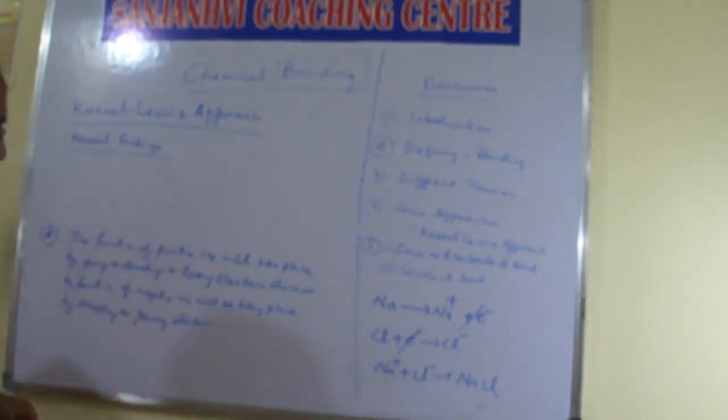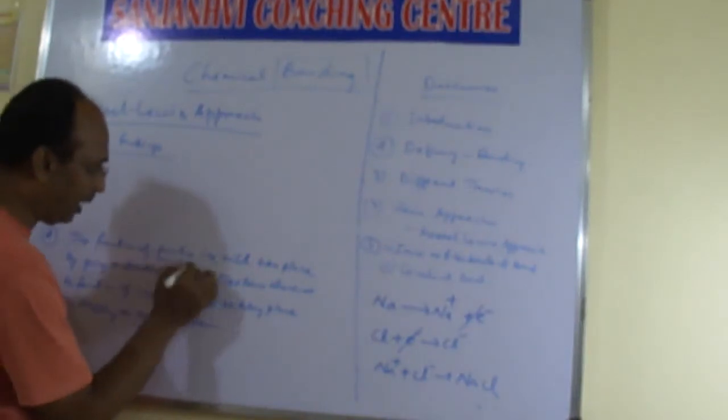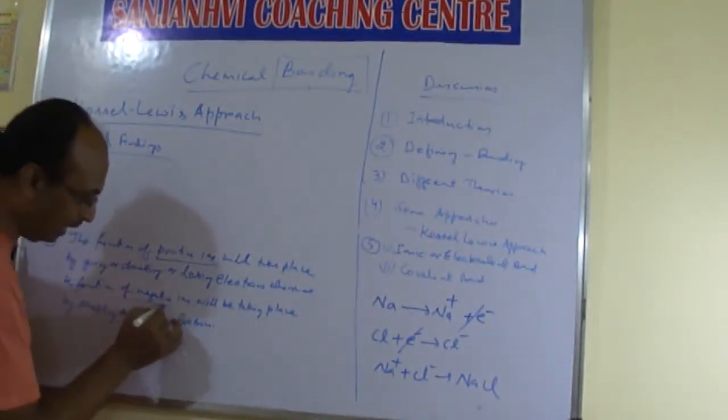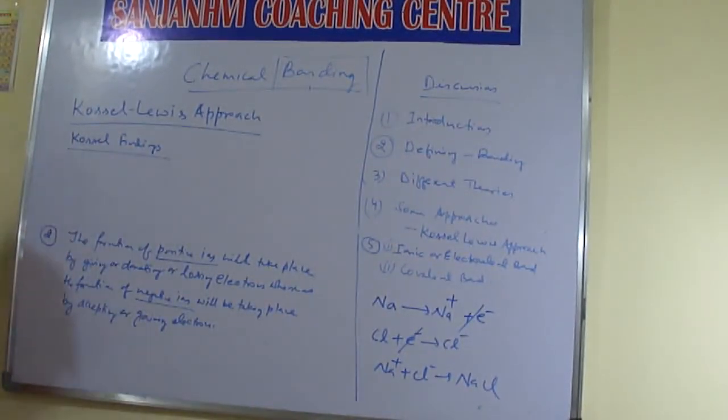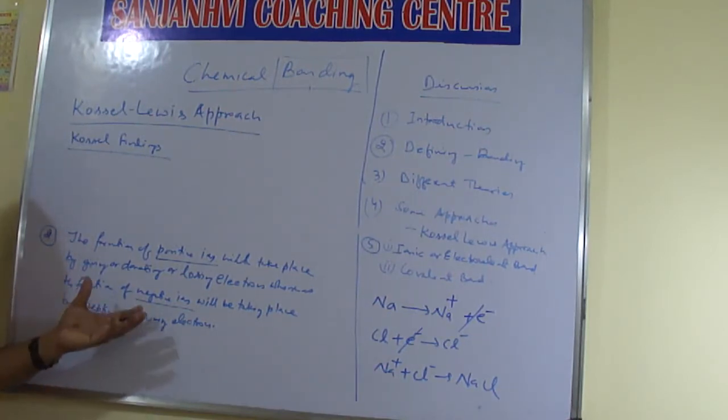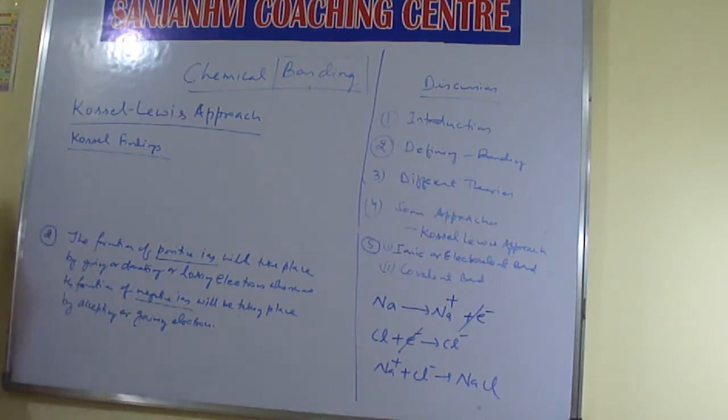Now positive ion formation and negative ion formation take place. Why is this ion formation taking place? What is the achievement? They achieved a stable octet configuration.